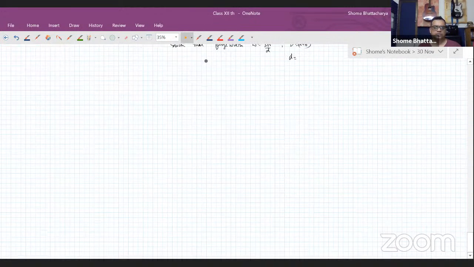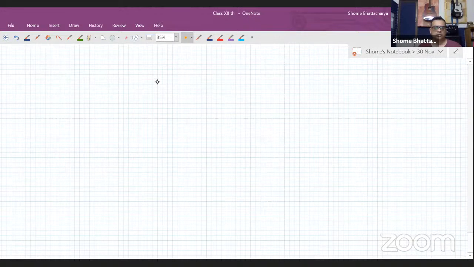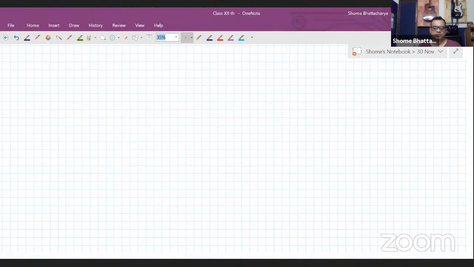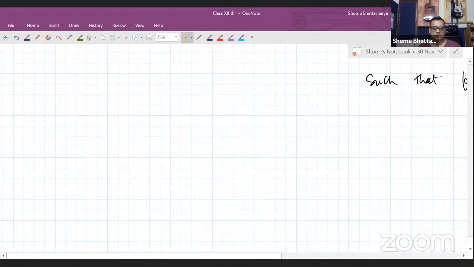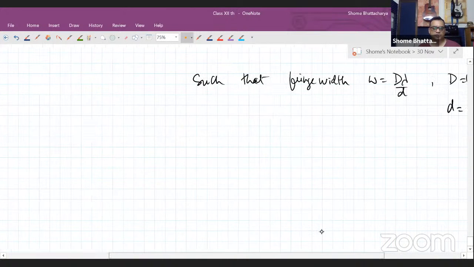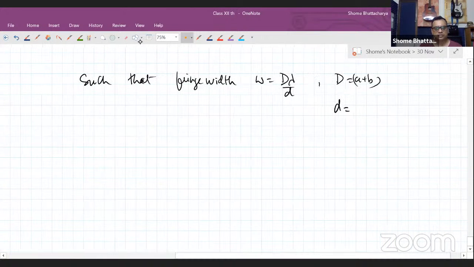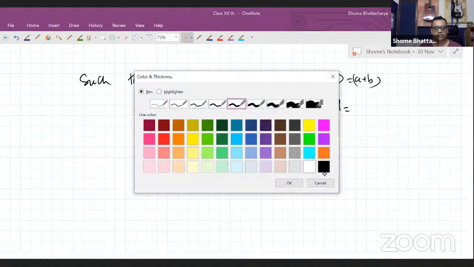Okay, so for the calculation of small d, the approximate calculation method that we can use is again coming from that angle of deviation concept. So for that, what we do is sort of follow this ray diagram.